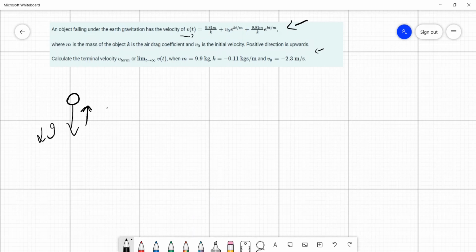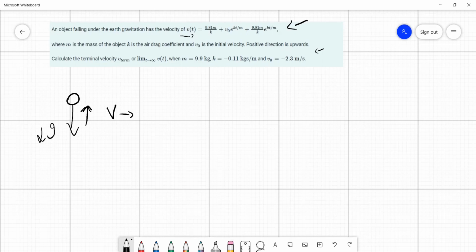At some point, velocity will reach its constant state, and that is called the terminal velocity. The velocity will just be at a constant rate, and the gravity and the drag forces balance out at that state. That is terminal velocity.